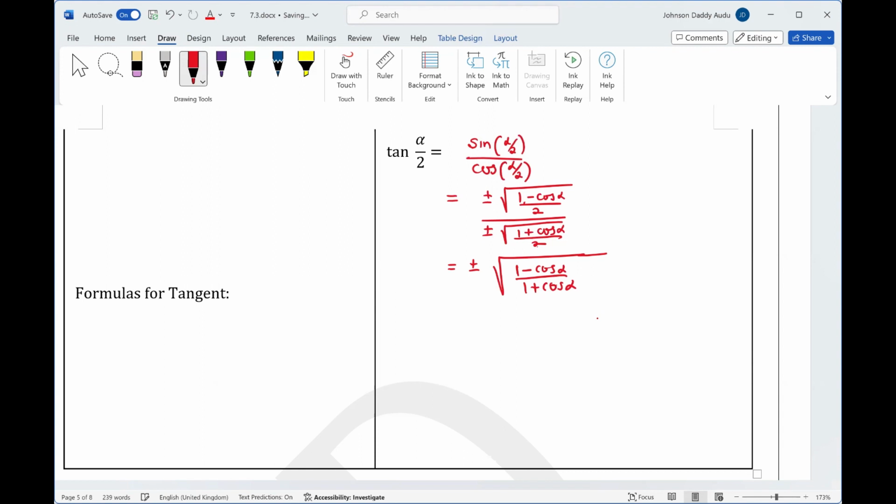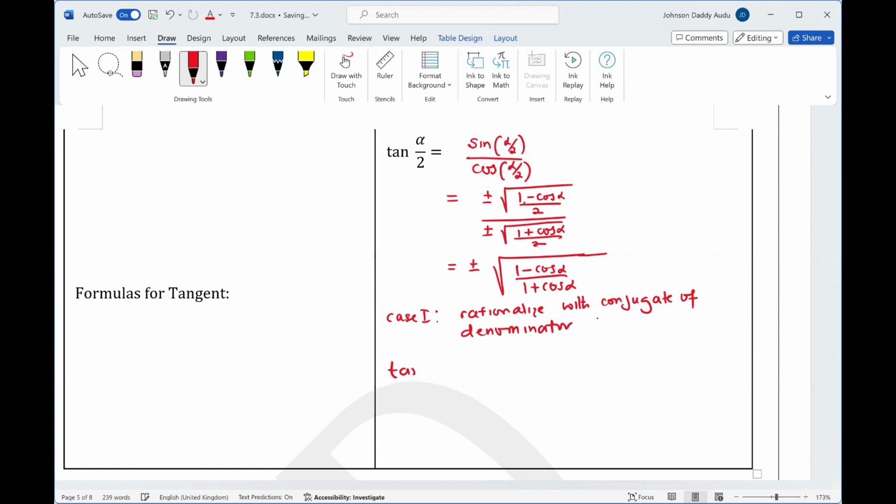The 2 will cancel the 2 because of the division. So we can rationalize by the conjugate of the denominator. So we have two cases. Let's deal with the first case, case 1: rationalize with the conjugate of the denominator.